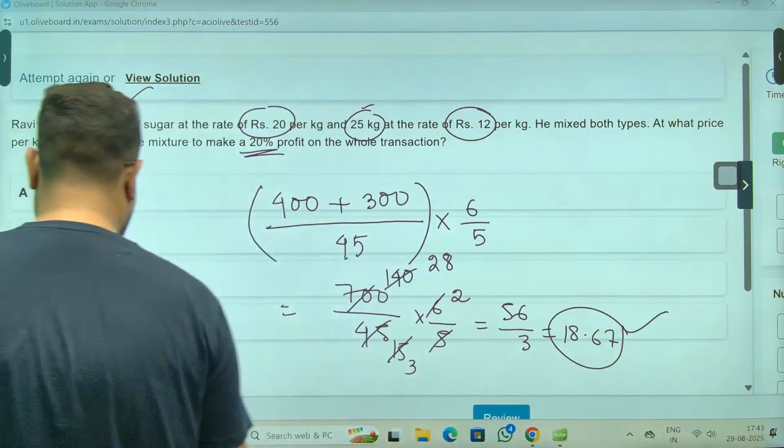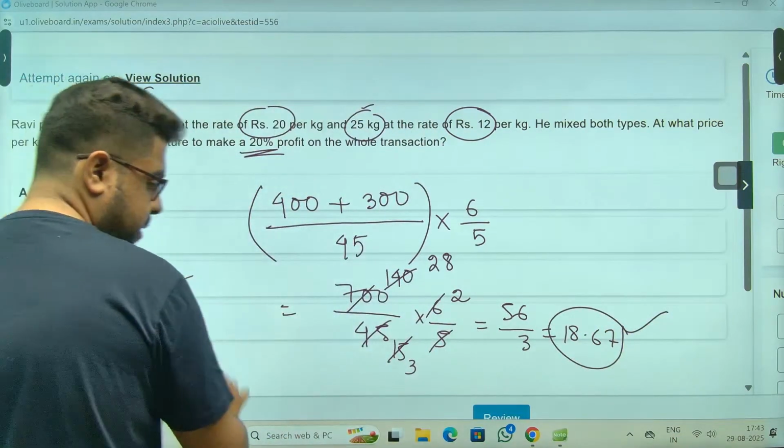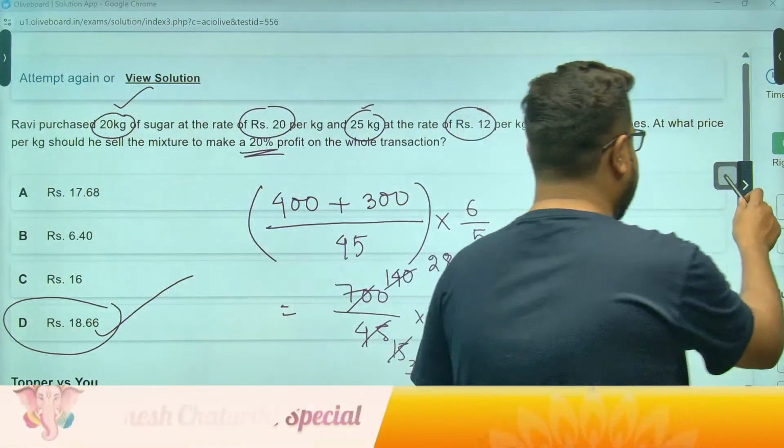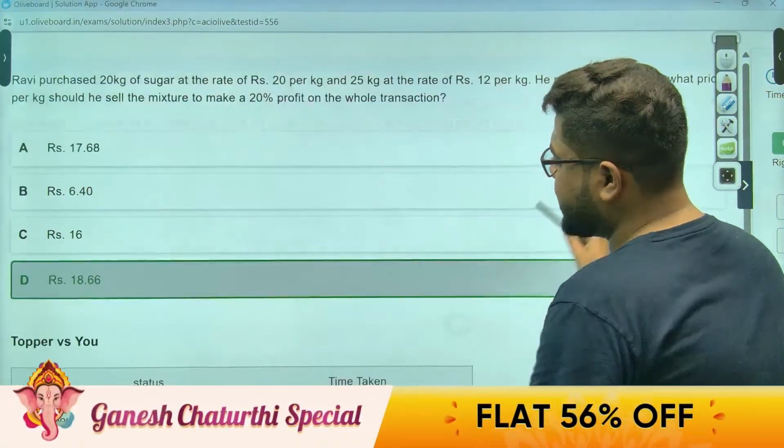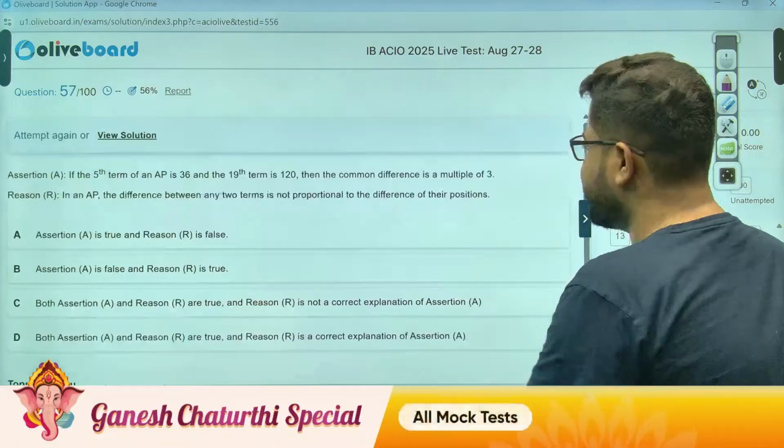So 18 point, you see option D is the answer. Option D has 18 point something. So that's the answer. Khatam.